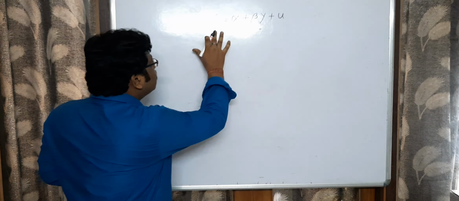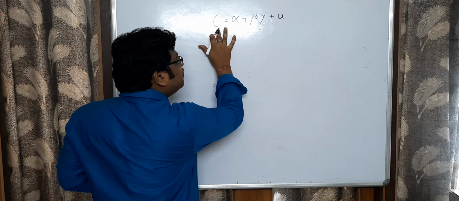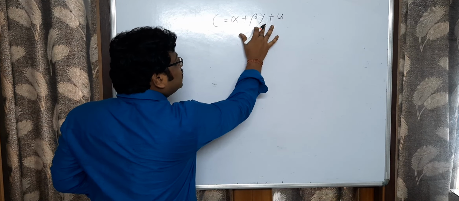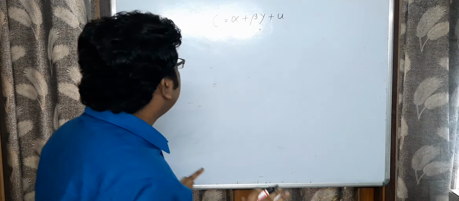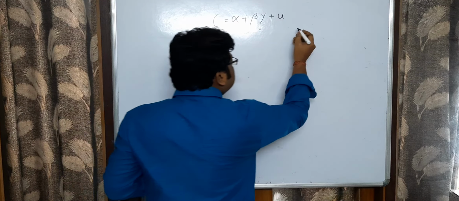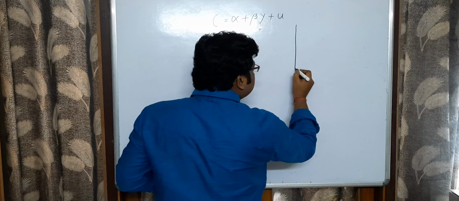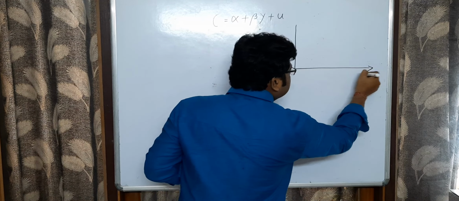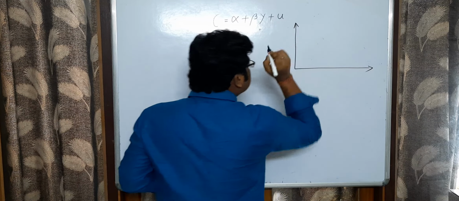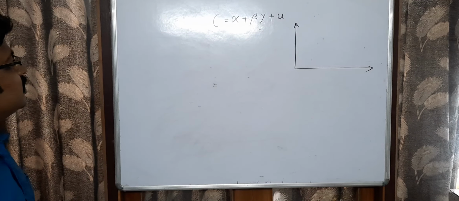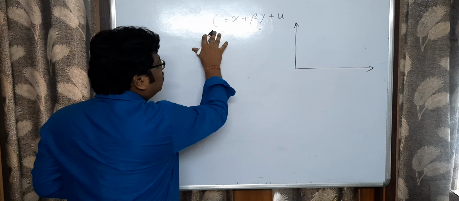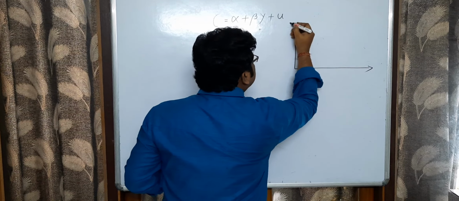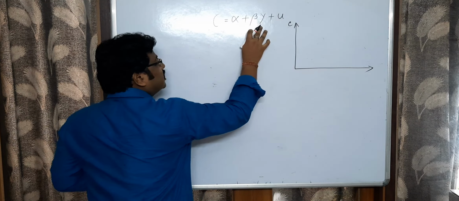Here consumption is a quantitative variable and income is also a quantitative variable. If we draw this equation in a two-dimensional space, then this is the dependent variable, so we are measuring consumption here, and this is the income.